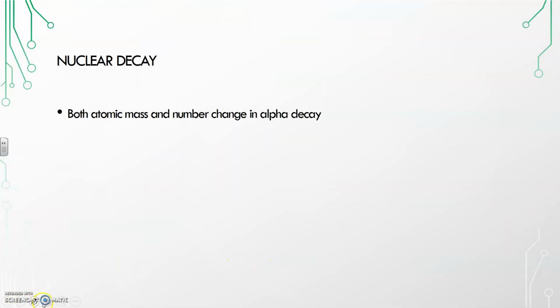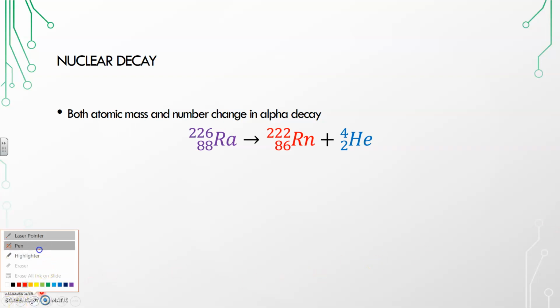So, with alpha decay, you're actually going to have both your mass number and your atomic number changing. Okay? So, for an example here, I'm going to do the same thing that we just did.